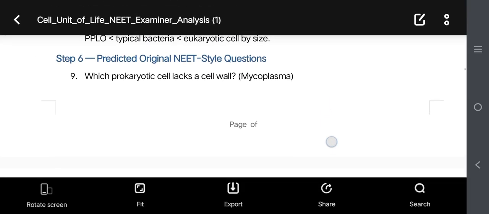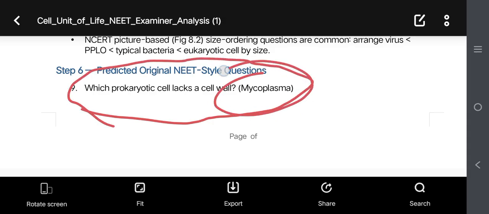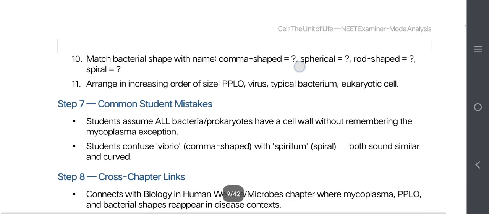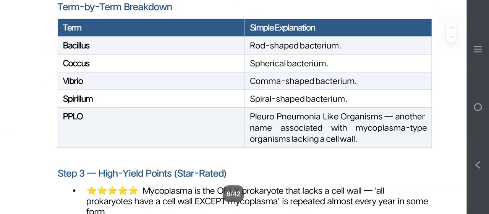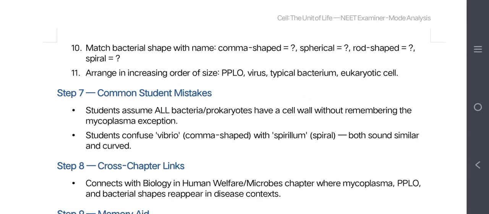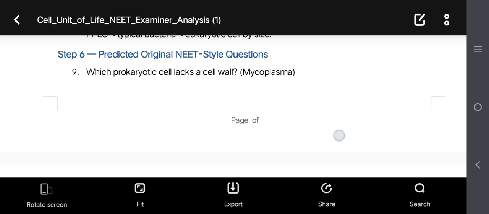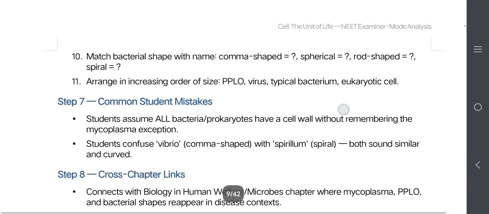Another predicted question is which prokaryotic cell lacks a cell wall; definitely mycoplasma. Another is to match the bacterial shapes with names: comma-shaped, spherical, rod, and spiral.